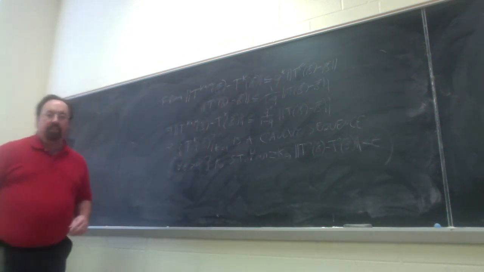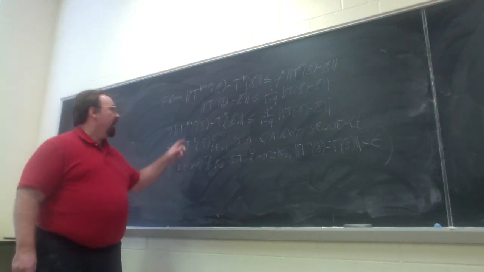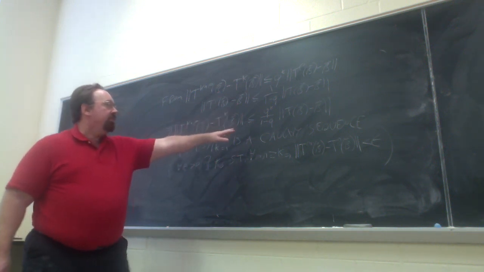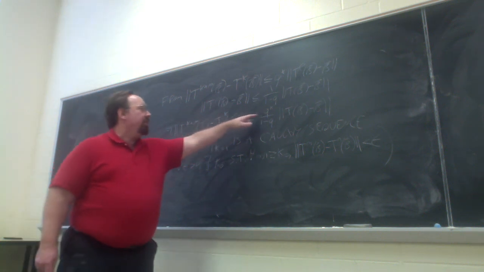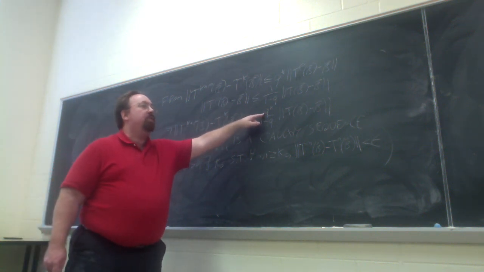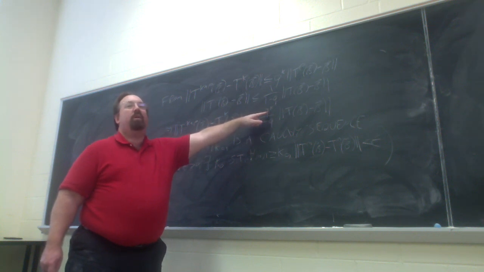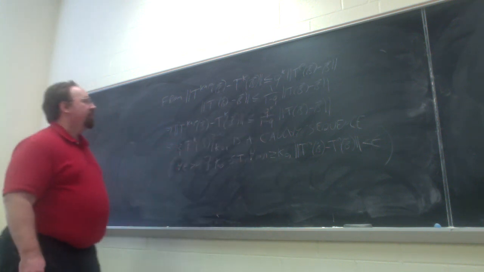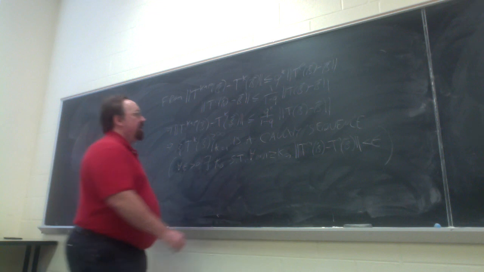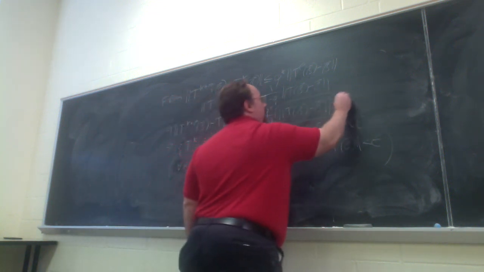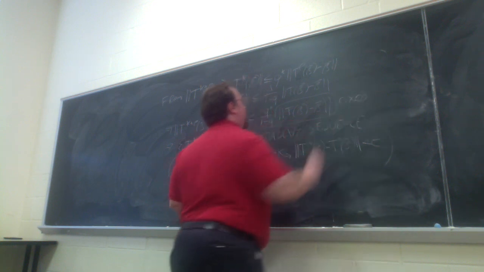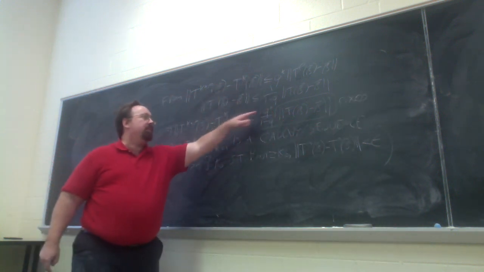And because as k increases, q is less than 1. This is going to 0 as k goes to infinity. So this right here is a fixed constant. And here we have something that's going to 0.